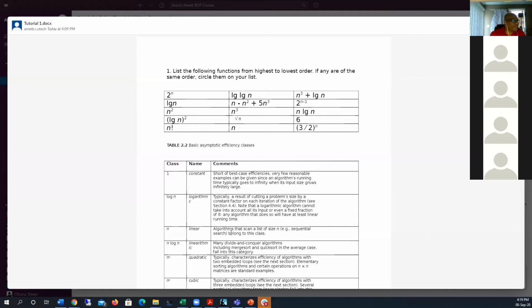Then the next one would be n log n. All right, so n log n is an algorithm that would be going through the problem.